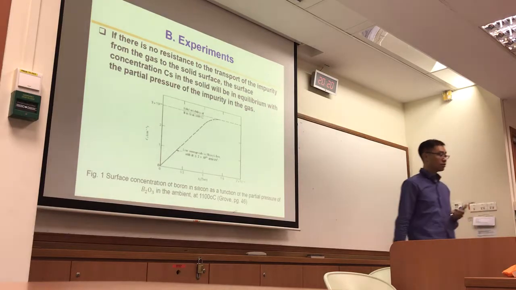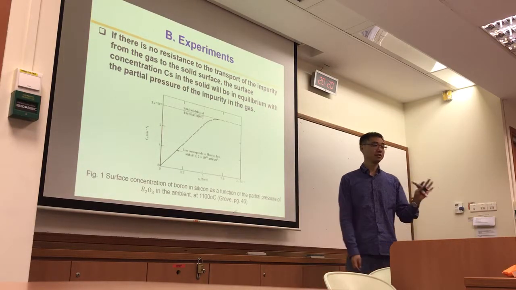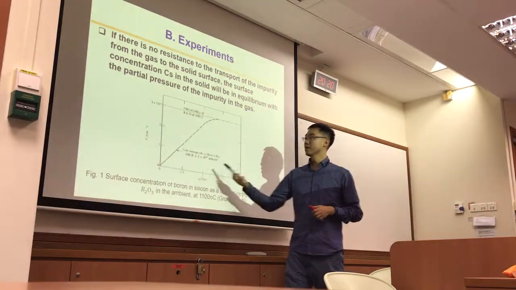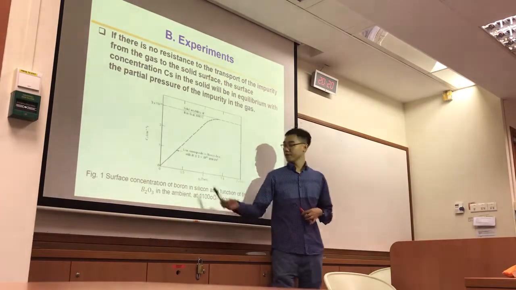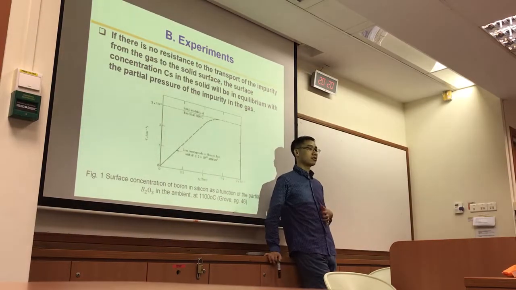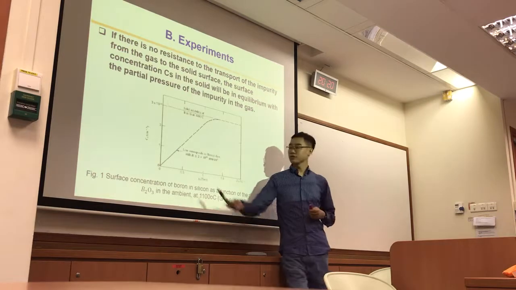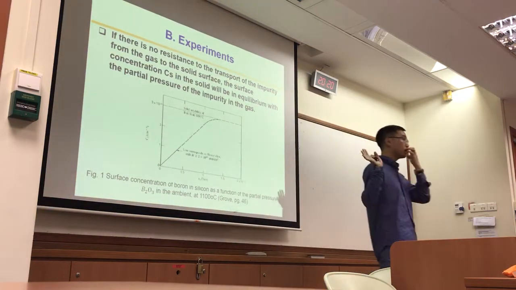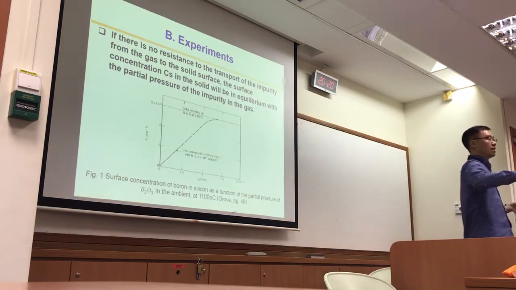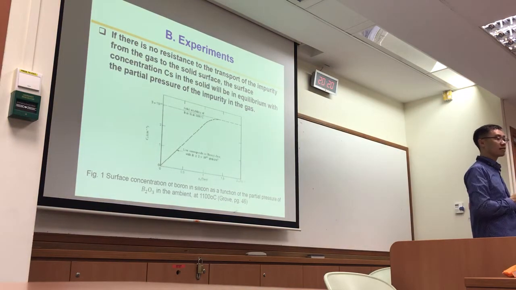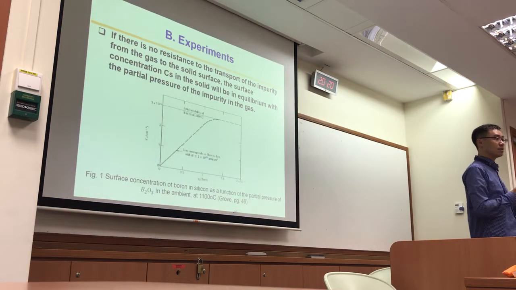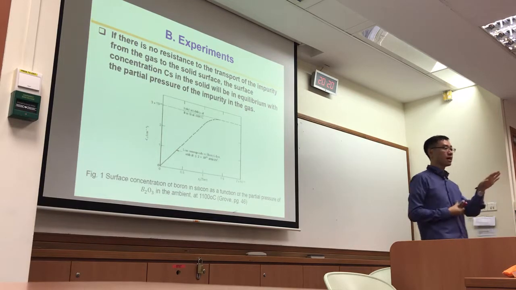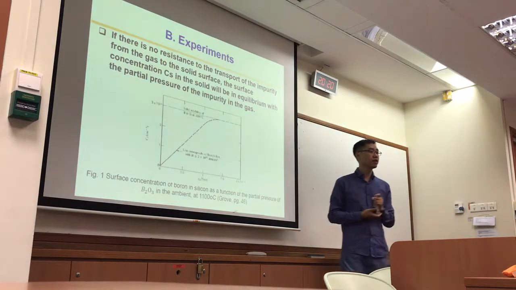And solid solubility is important. As I told you, solid solubility is a function of pressure, correct? So you see the concentration at the substrate, because for this one we typically put the wafer in a gas system with high concentration, where you have the dopant.